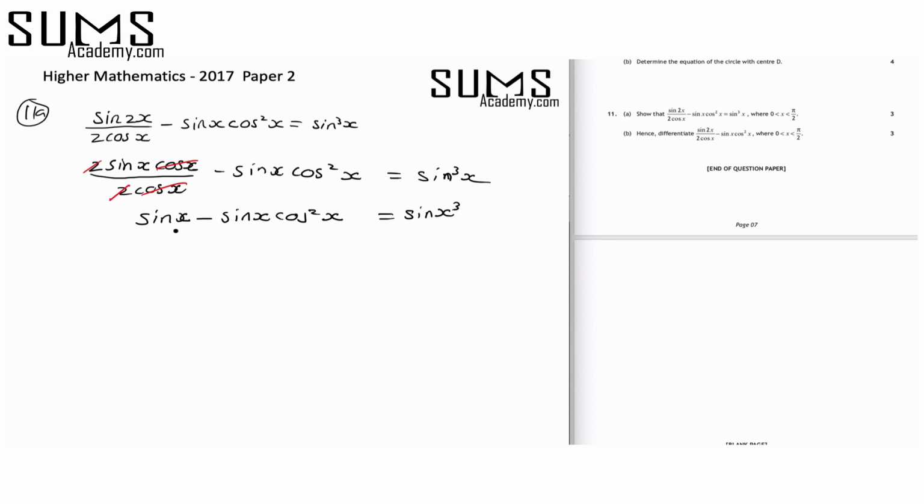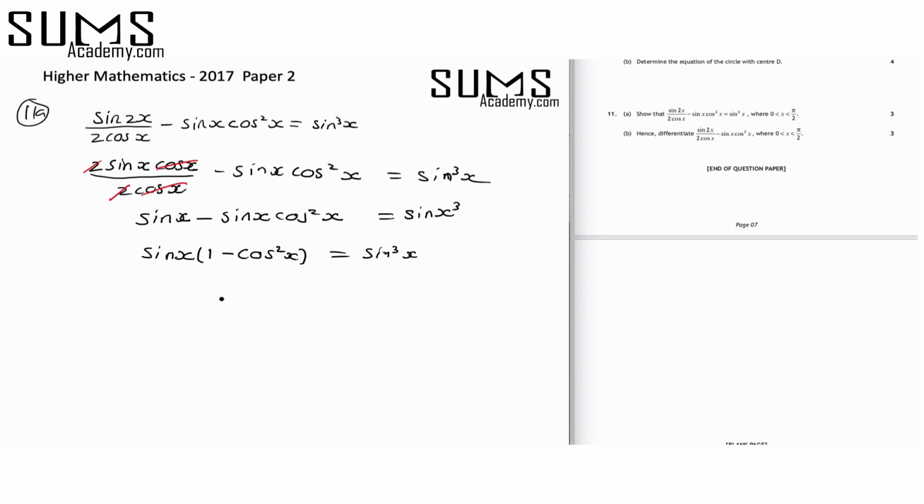So there's a common factor here of sin x, so we can take that out. So sin x times 1 minus cos squared x. You might recognize where I'm going with this, but I'll just keep going. Sin cubed.